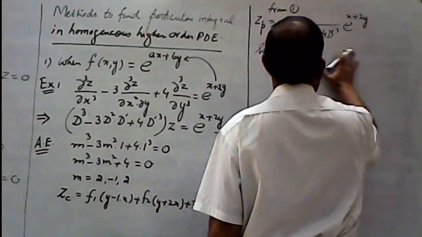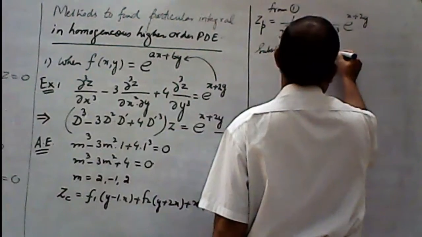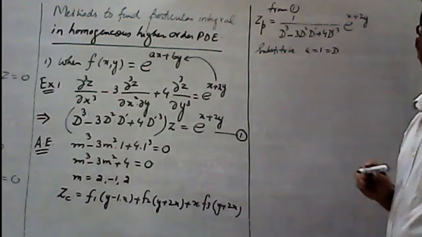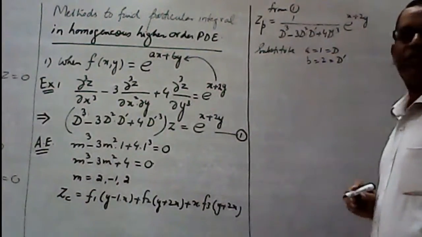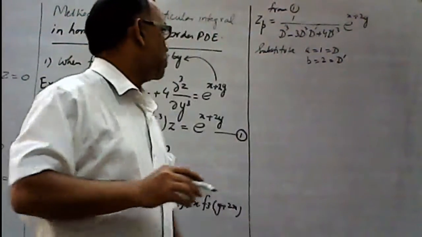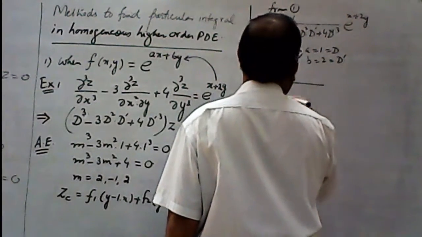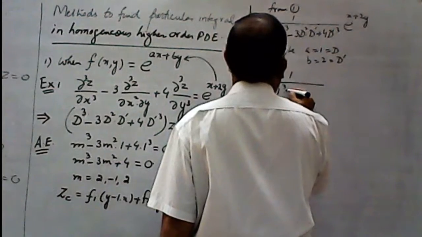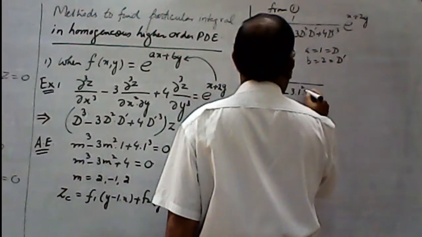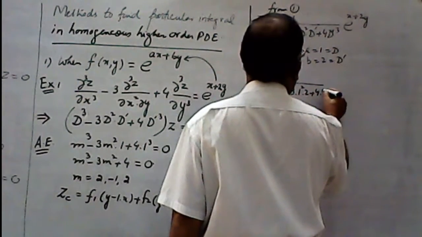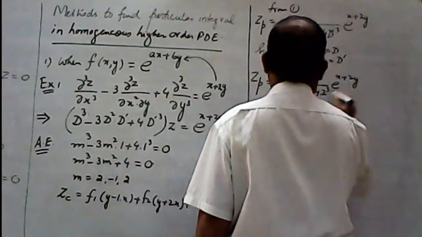So a is equal to 1 will be placed on the position of d and b is equal to 2 will be placed on d dash. So substituting these values, we will get Zp is equal to 1 upon 1 cube minus 3 into 1 square into 2 plus 4 into 2 cube, e power x plus 2y.